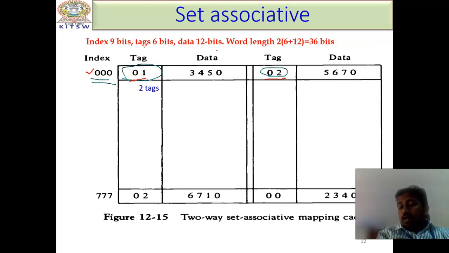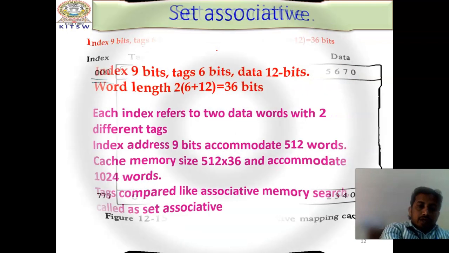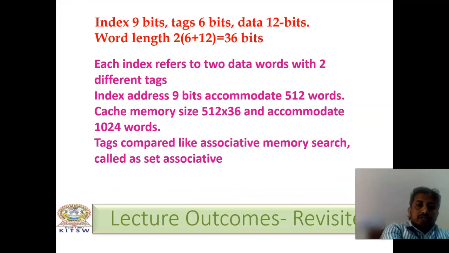So now, if that particular tag is not found, then automatically it needs to refer to the next level, the main memory. But here, it will check two tags, so most frequently one of the two tags would match the CPU address. So the hit ratio, or the possibility that the data can be read from the cache, is higher. For all this, every algorithm does the same process.